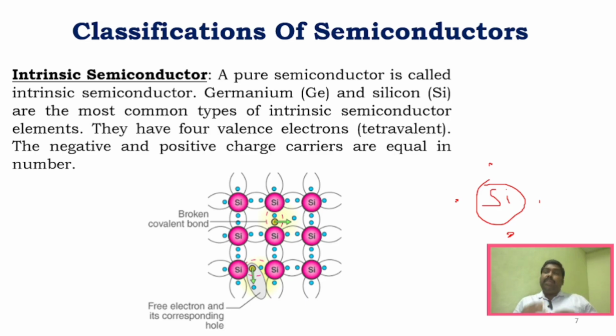Whereas to improve the conductivity in order to make any components, we normally prefer extrinsic semiconductor. Sir, what is extrinsic semiconductor? By adding impurities to the intrinsic semiconductor, we can obtain extrinsic semiconductor. That is, you add some impurities to the purest form of semiconductor so that we can obtain an extrinsic semiconductor, which can be a good conductor of electricity, right?